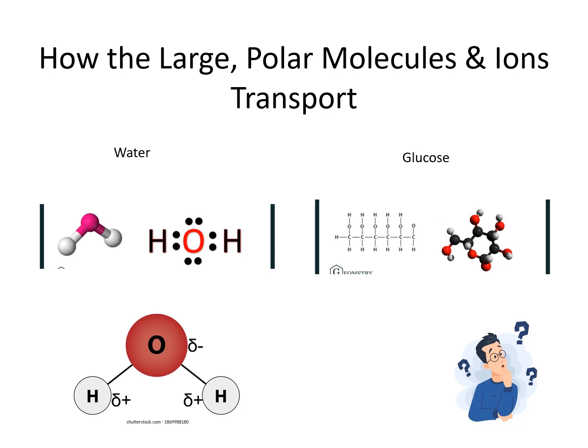Now think about, we have studied how non-polar, non-charged, hydrophobic small molecules move. They move via diffusion. But think about what happens with larger polar molecules and ions, like water and glucose. How do they transport across the plasma membrane?